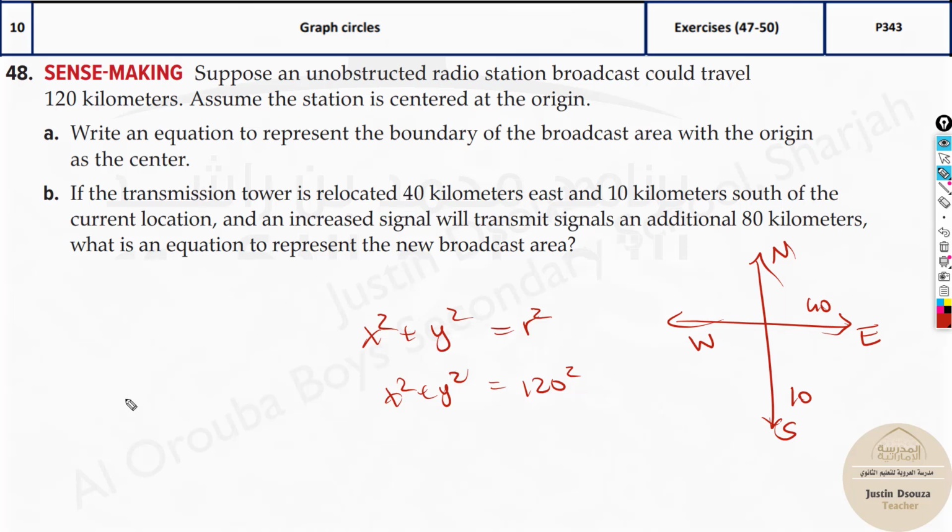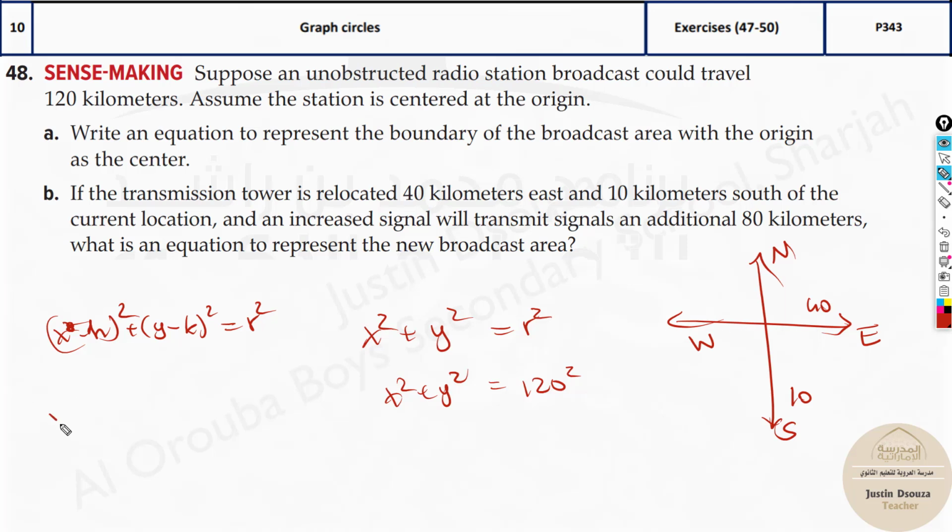Current was origin, right? Now we have to use this x minus h the whole square plus y minus k the whole square equals r square. And an increased signal will transmit signals an additional 80 kilometers. What is the equation that represents the new broadcast area?